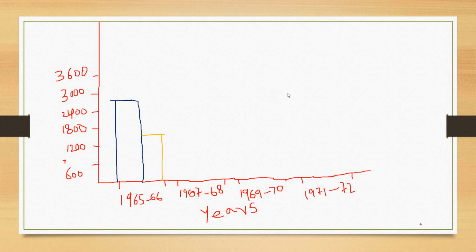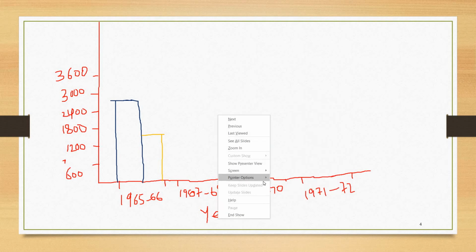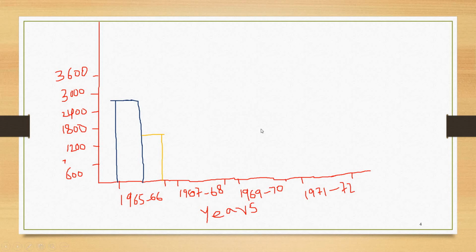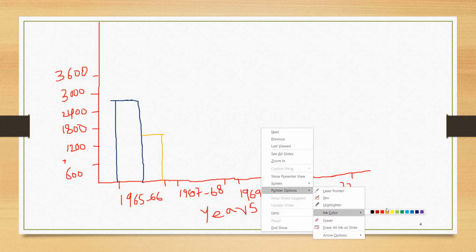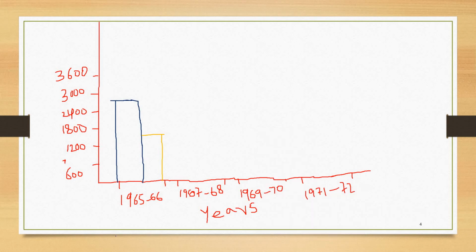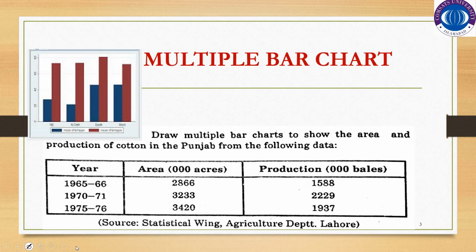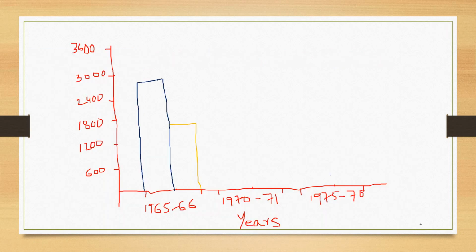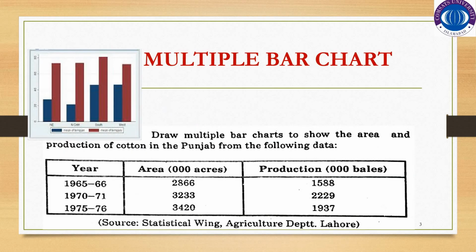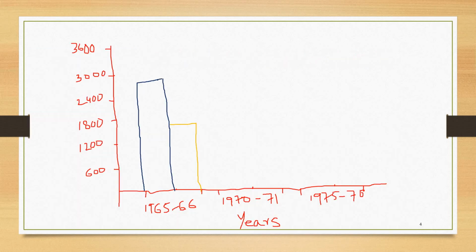Now for the second year, 1970 to 71, area is 3233.